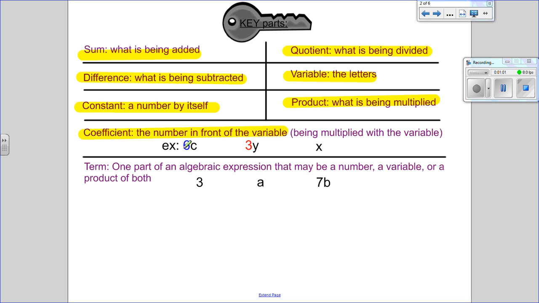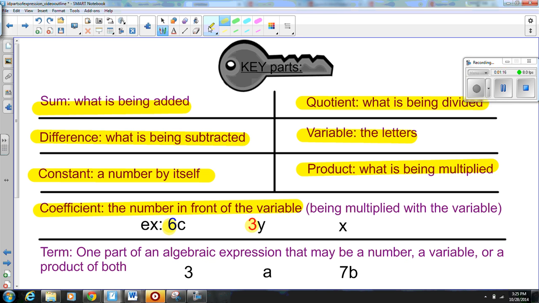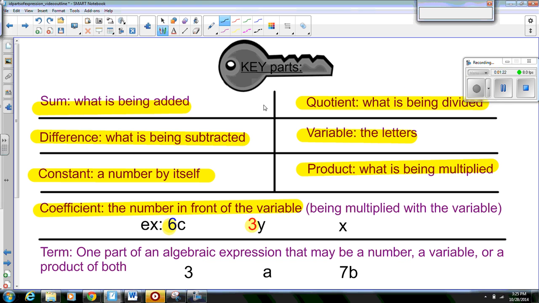So for example, in 6c, 6 is the coefficient. And in 3y, 3 times y, 3 is the coefficient. And in x, the coefficient is the implied, or what I like to call, the sneaky 1. So in front of that x is an invisible 1.